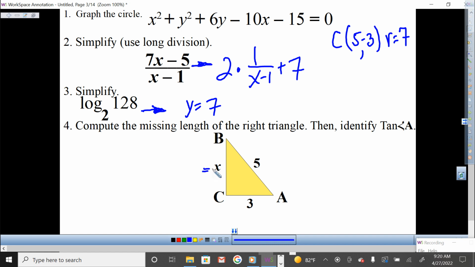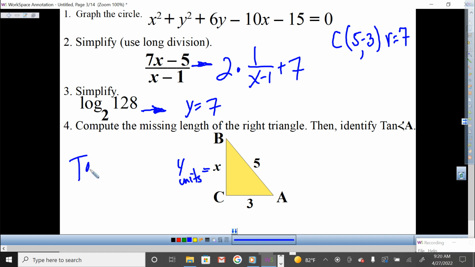Number 4. Vince, x equals what? Sebastian, what'd you get? X equals what? 4 units. That is correct.